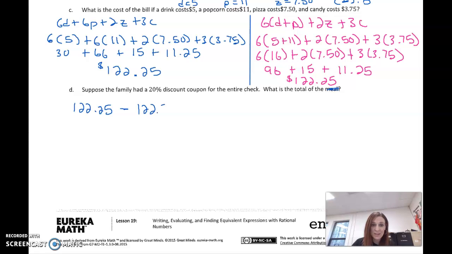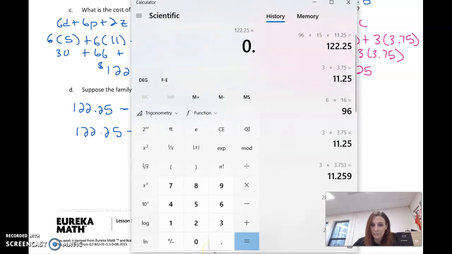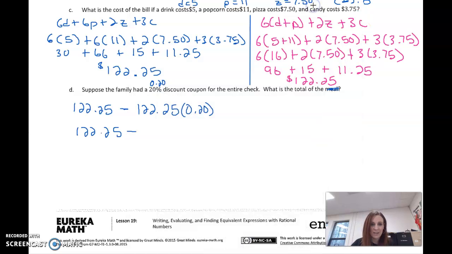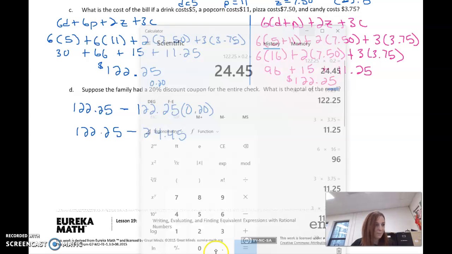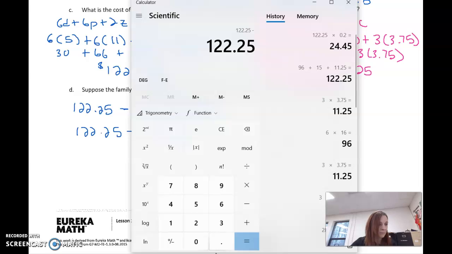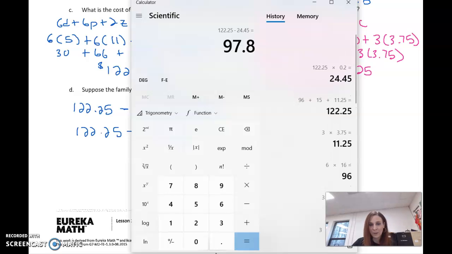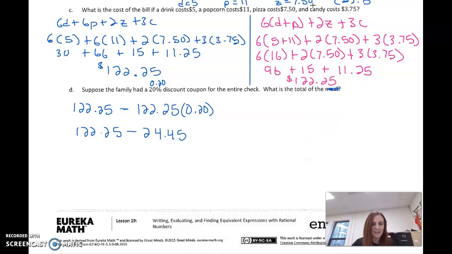We take the original price times the 20%, or 20 per 100. So this would be $122.25 minus $24.45. And if you subtract those two things, it works out to be $97.80.